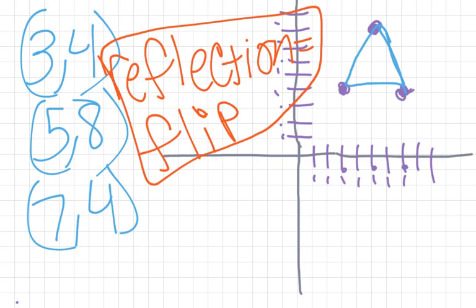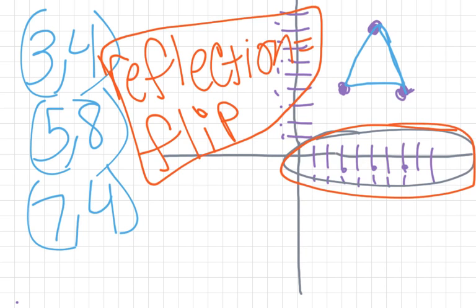So, this point right here, it's a regular triangle pointing up. Now, if I'm going to reflect this, I'm going to reflect it over this x-axis. Sorry, that's a little too light. I'm going to reflect it over this x-axis. Now, my new points would be all the way down.